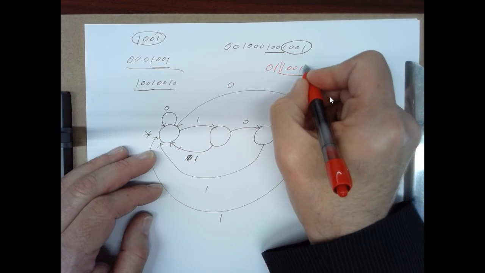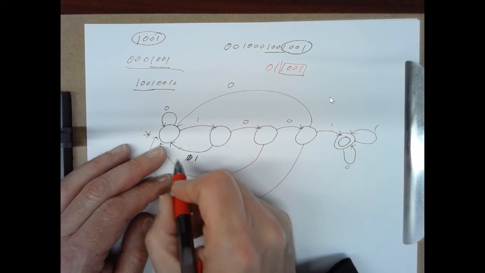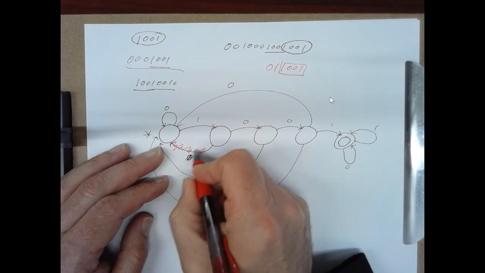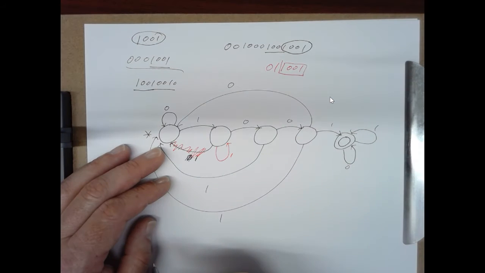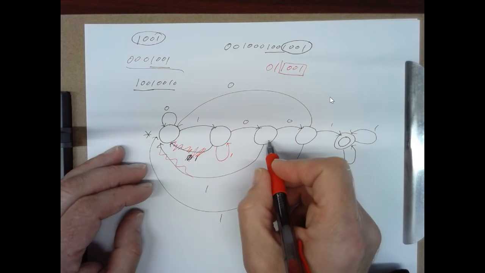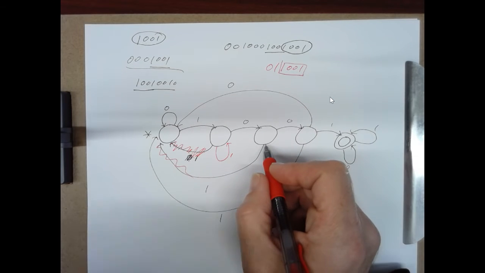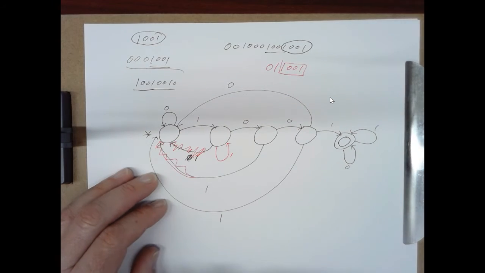So if you've seen your first 1, and then you get another 1, that should probably take us back to here. And similarly, if you've got a 0, that should stay over there. Those are okay.